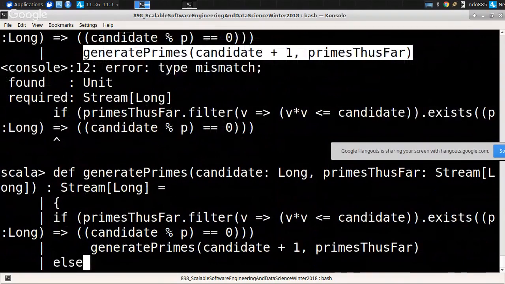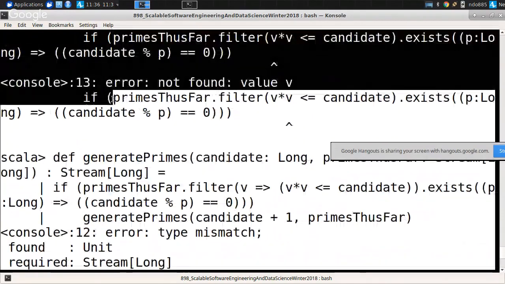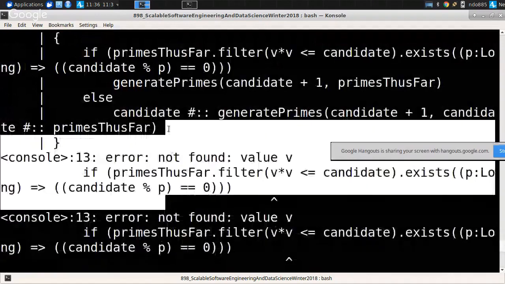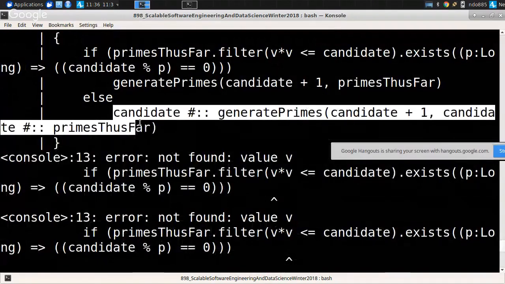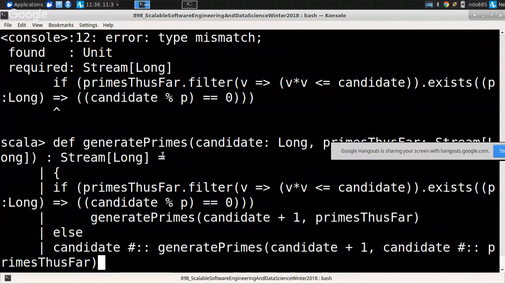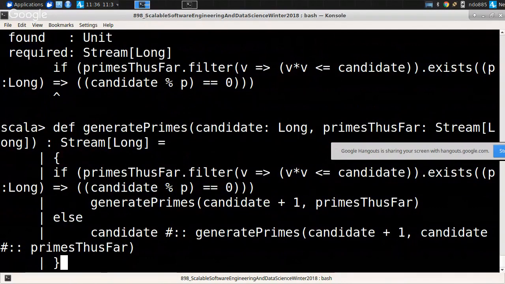Okay, there we go, and we need that final line. Boom. Okay, and there we go, and there, and then like that.